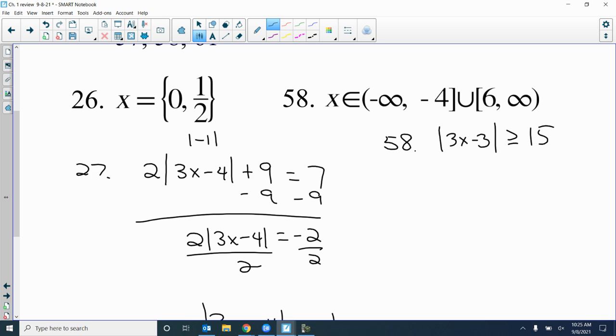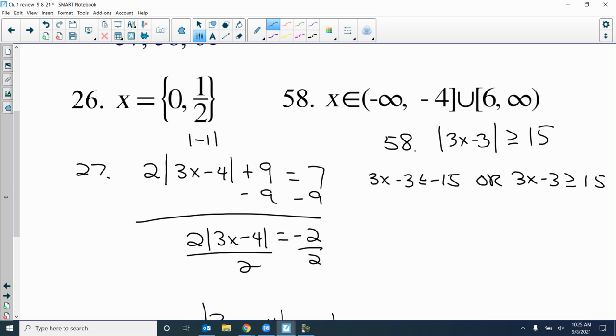For greater than or equal to, make sure when you do the second part, it's always going to flip the sign and be negative. So you do 3x minus 3 is less than or equal to -15, and 3x minus 3 is greater than or equal to 15. Some people forget to flip that sign.